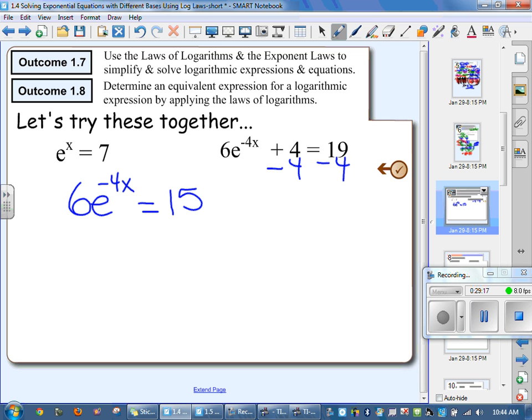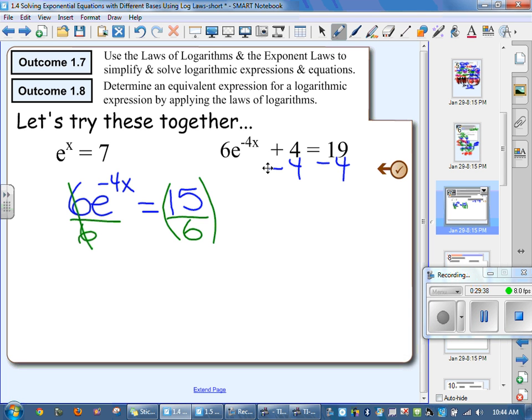Okay, I get rid of 6 first. Now I can ln both sides. I put the word ln in front. But the right-hand side is a fraction, so now it's got to go in brackets. Okay? So I'm going to have ln e^(-4x) equals ln(15/6).